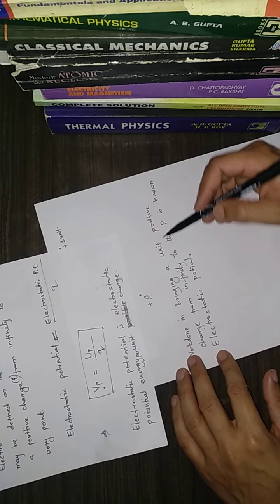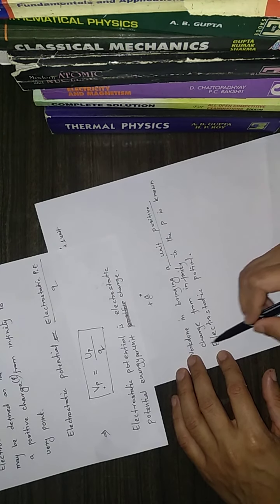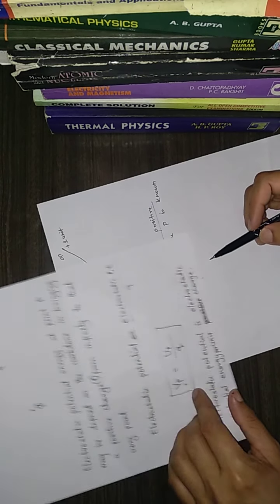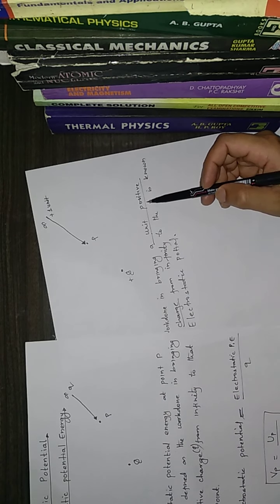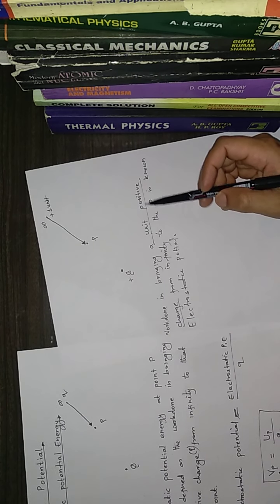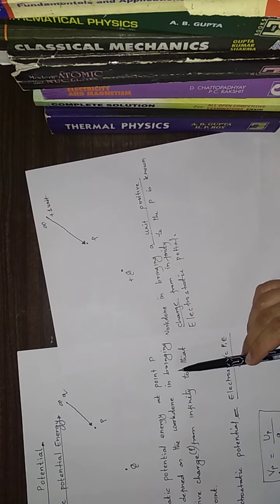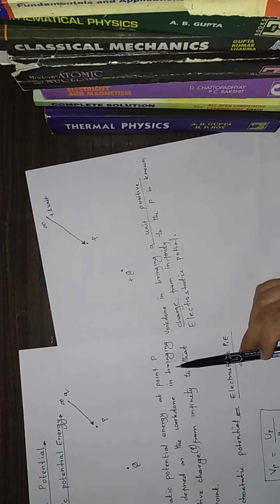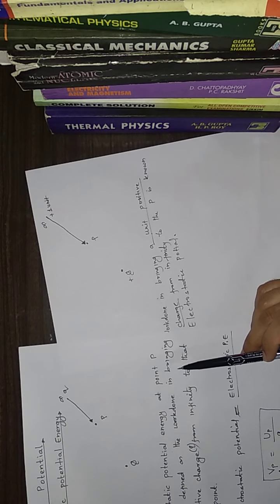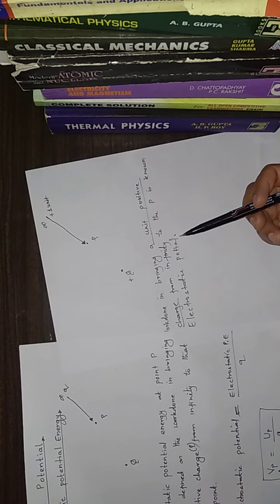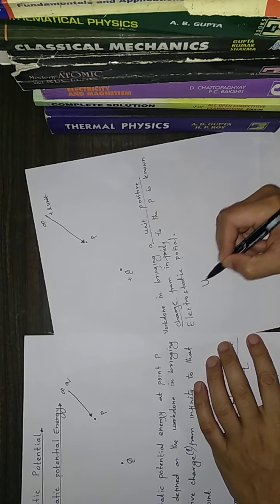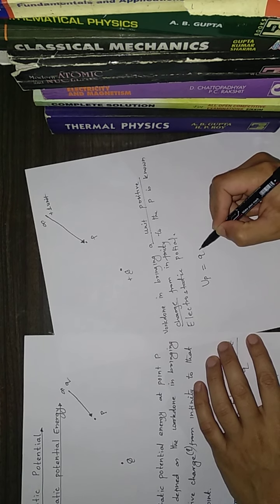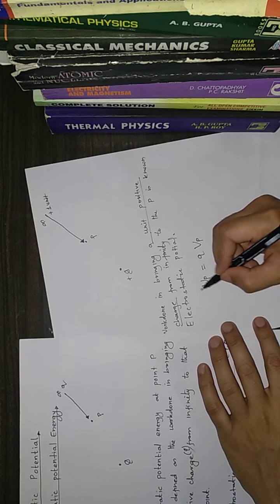But electrostatic potential is the work done in bringing a unit positive charge from infinity to point P. If you are bringing charges more than a unit positive charge, then that work done is known as electrostatic potential energy. So electrostatic potential energy is Q times the electrostatic potential.